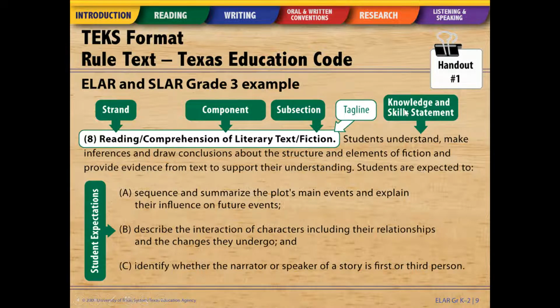The knowledge and skill statements state exactly what the students should understand. Students understand, make inferences, and draw conclusions about the structure and elements of fiction and provide evidence from text to support their understanding.